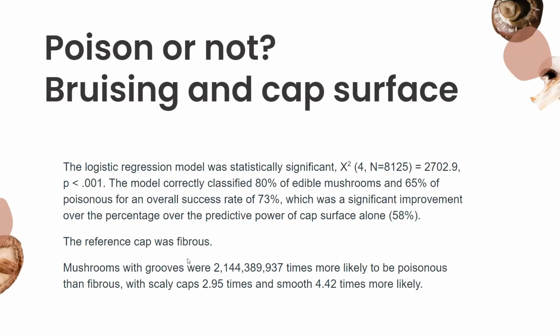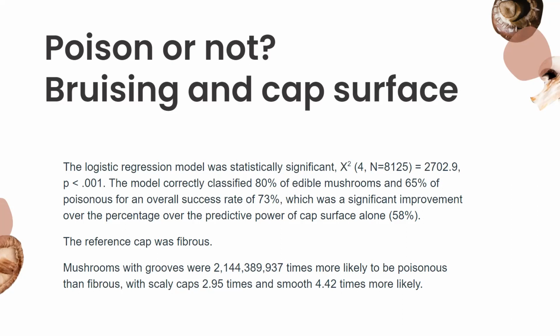So we showed, or I showed, that the model was significant. And then our model classified 80% of the edible mushrooms and 65% of the poisonous for an overall success rate of 73, which was an improvement over the predictive power of cap surface alone at 58%.